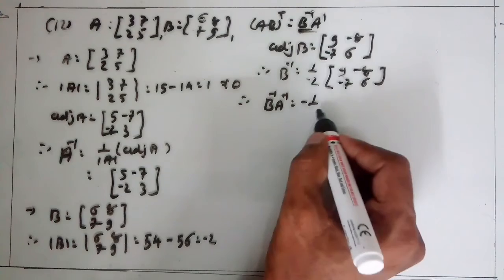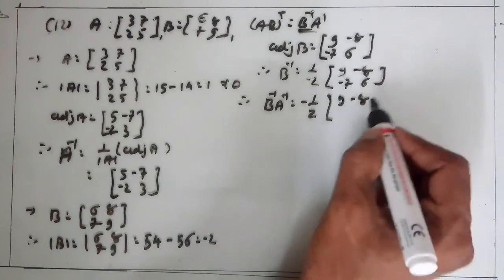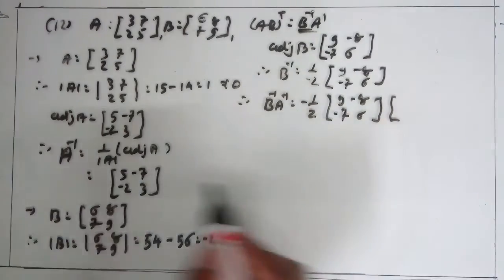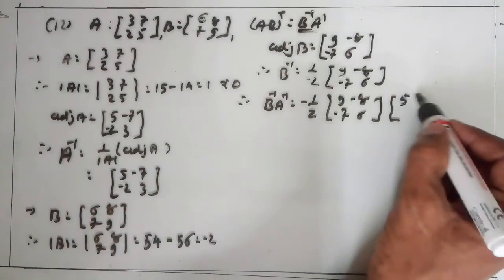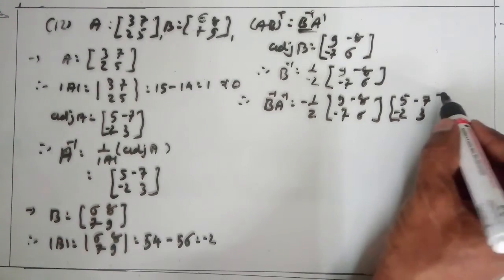B inverse is minus 1 upon 2 into 9, minus 8, minus 7, 6, into A inverse, which is 5, minus 7, minus 2, 3.